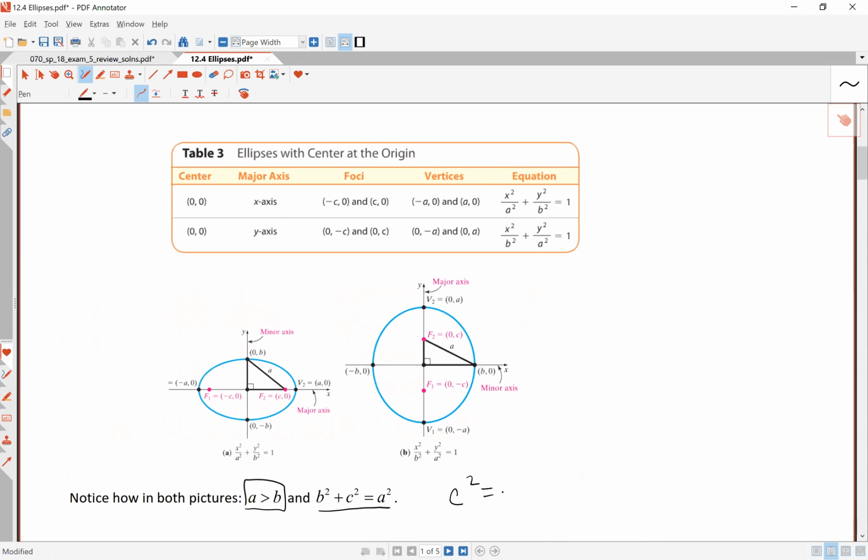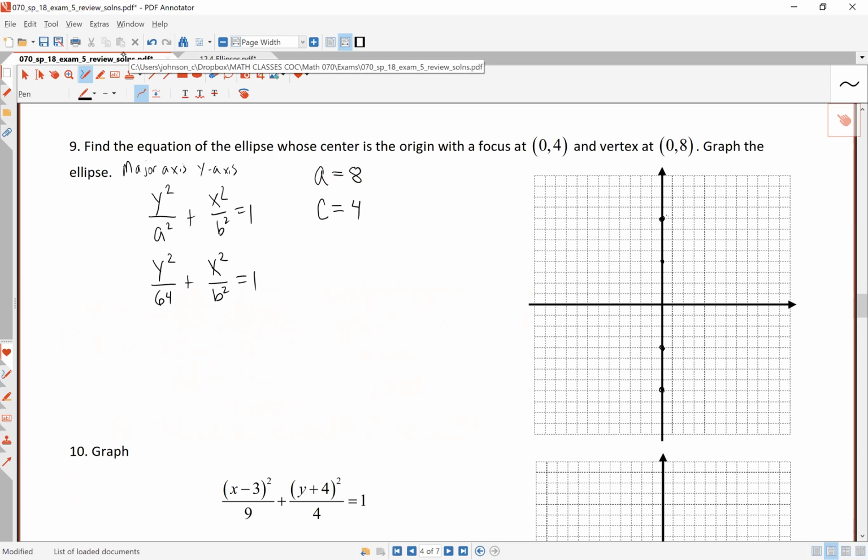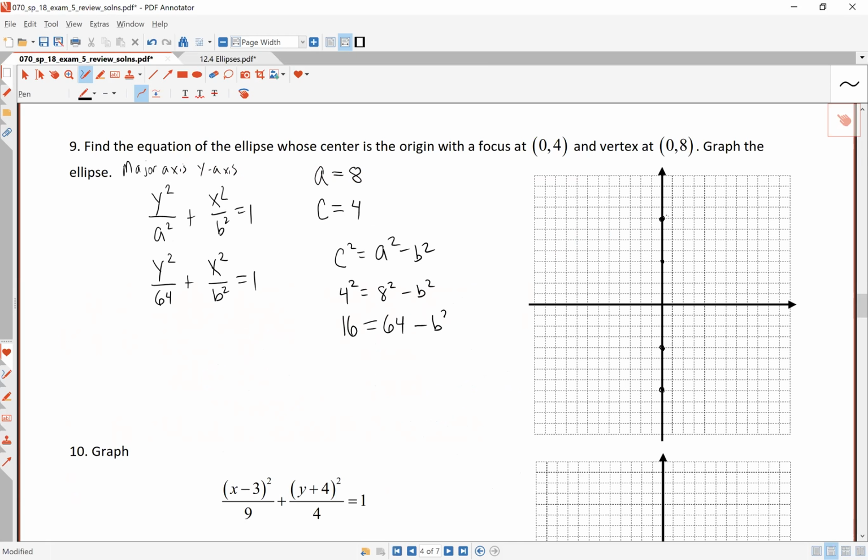So we say that c squared is a squared minus b squared. 16 equals 64 minus b squared. Well, that says that b squared is 64 minus 16, which is 48, or b is equal to the square root of 48.